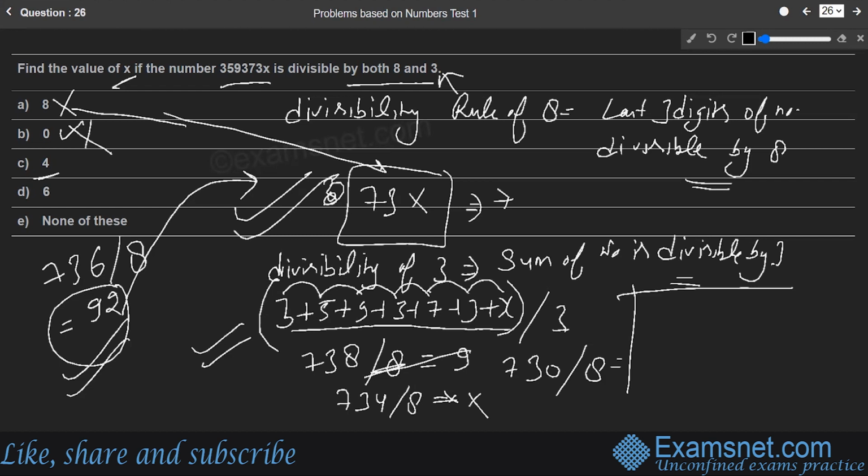X here is 6, so 30 plus 6 is 36. Is 36 divisible by 3? Yes, 36 is completely divisible by 3. So 6 is the number which can replace x so that the number is completely divisible by both 8 and 3. The right answer is option D, 6.